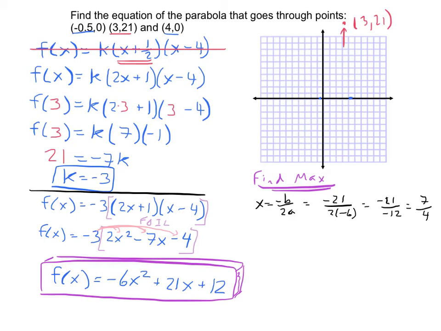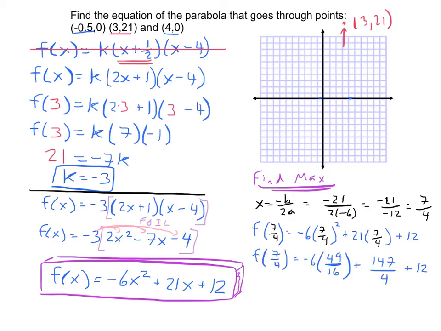And now I'm going to take that 7/4 and plug it in. Whew, nobody said this one was pretty. But it's a lightning round. Okay. Gotta work with that. Yeah, this is not getting any nicer. I'm squaring these, so 7 squared is 49, 4 squared is 16. So we got the negative 6 out there.